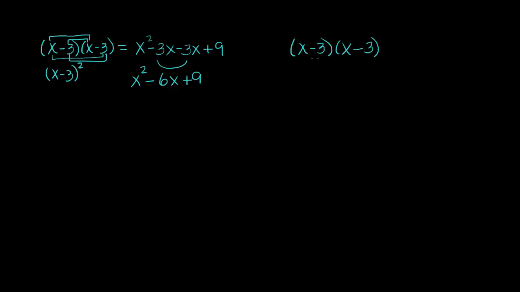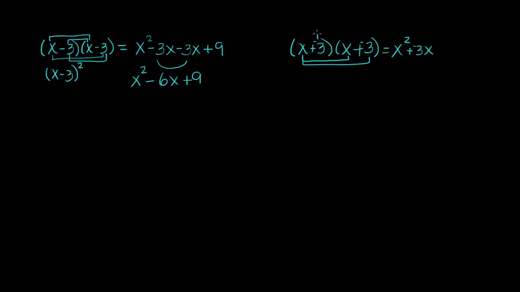So if you have this, you can change this to plus negative and plus negative, and then start multiplying. First, that gives you x squared. Outer, which is that, times the outer one is negative 3x, right? Or you can write plus negative 3x.